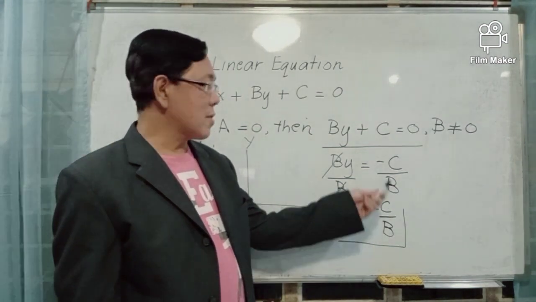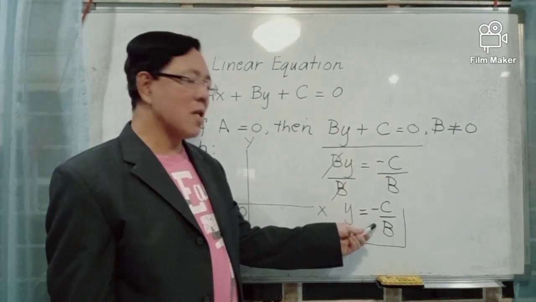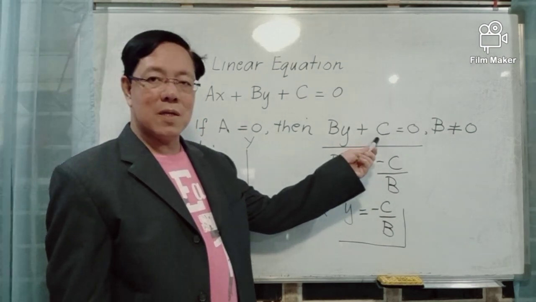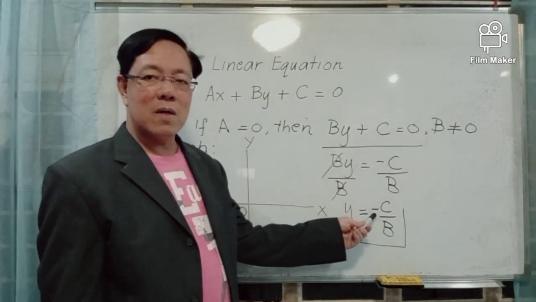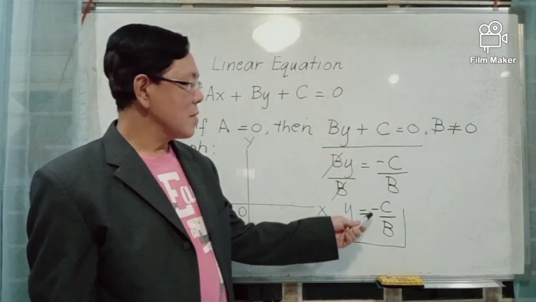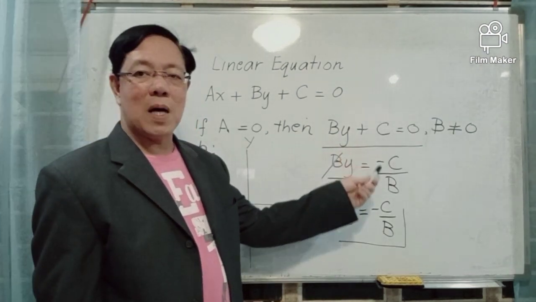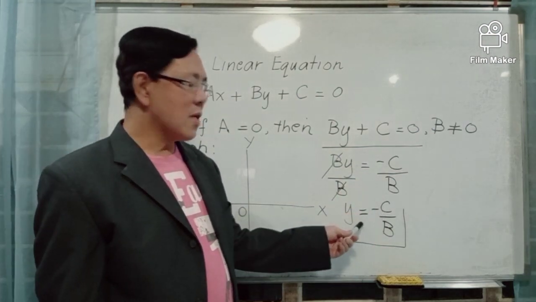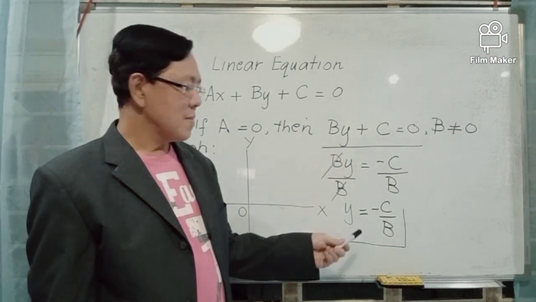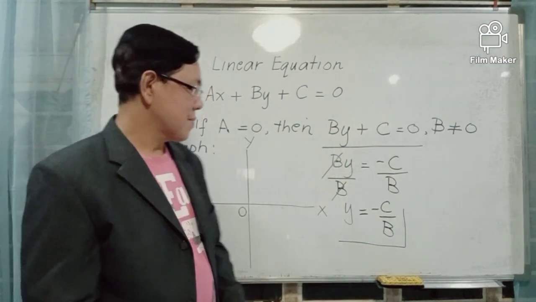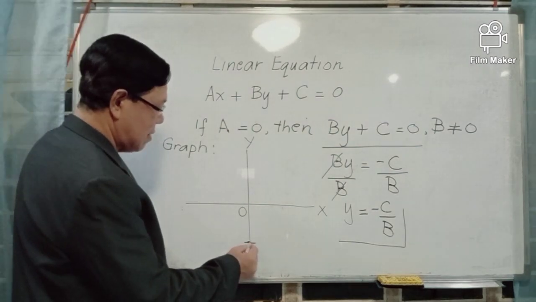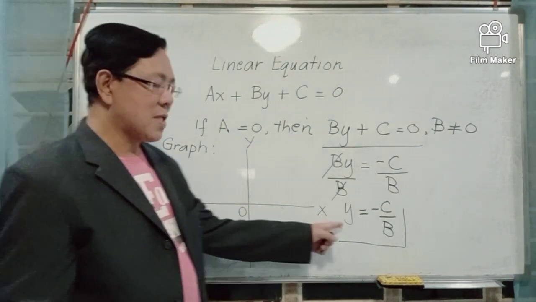If the constant term here is negative, the value of y will be positive. If the constant c here is positive, the value of y, or the solution of this equation, will be negative. Suppose this constant term is positive, then the value of y will be negative. And suppose this is the point negative c over b.